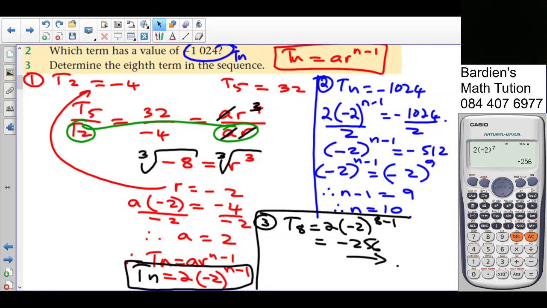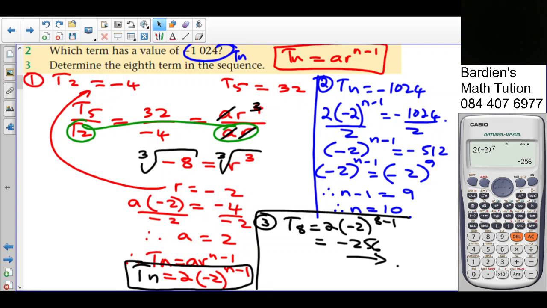How do I get R on its own? Cube root both sides. So R is equal to negative 2. What we do is we just substitute that into any one of the 2, smaller one normally. So it's going to be AR, it's coming straight from here, people. T2, and here. So that would be A times R, which is negative 2, equals negative 4.